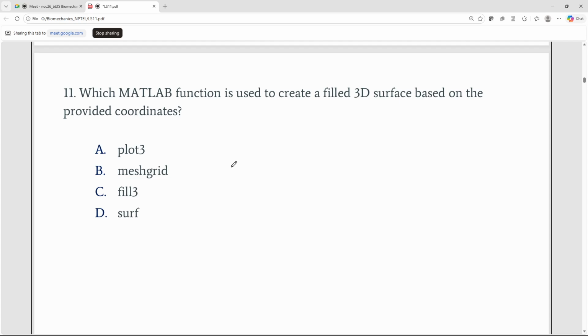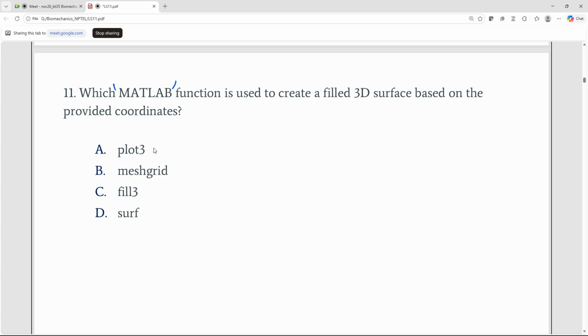Next question. This is also a previous exam question. Which MATLAB function is used to create a filled 3D surface based on the provided coordinates? In the third week, the course covers a little bit of visualization of vectors using MATLAB, and some functions are discussed there.